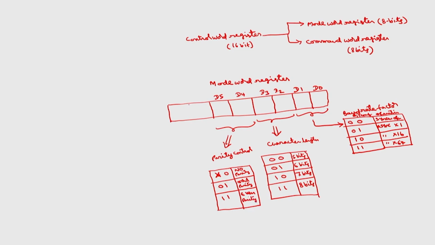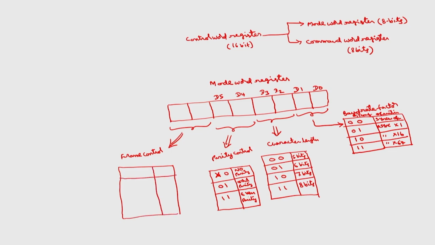And the last 2 bits are called frame control signals. These 2 are frame control. They will be used for asynchronous mode only. This is going to decide the number of stop bits. This is 0 0, this is invalid.